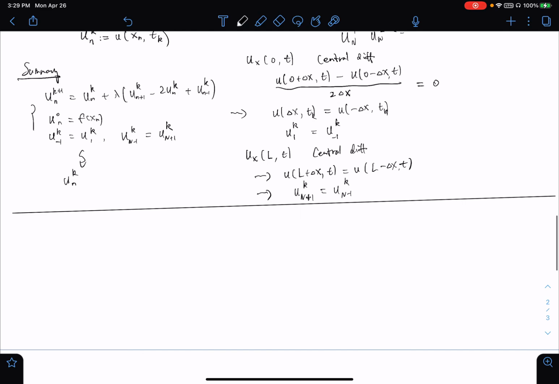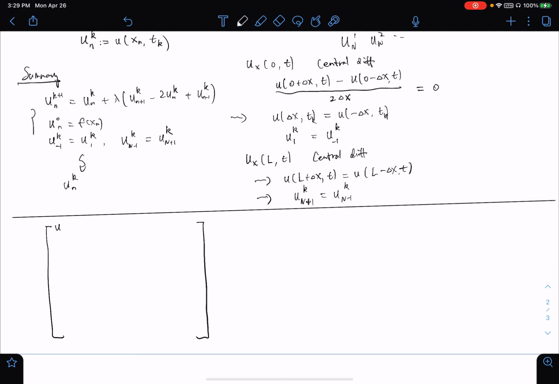So we can again put it in a matrix, right? And we have these values, the initial condition u0,0, u0,1, u0,2, un-1,0, un,0, right?